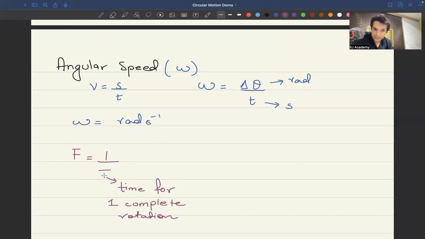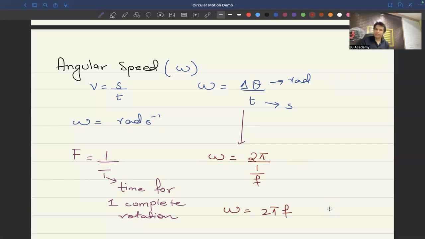In place of t, we can write, okay, so rearranging this formula, we can now write omega is equals to, now when we talk about one complete rotation, that is 360 degrees. In terms of radians, that will be taken as 2 pi, and time can be written as 1 upon f. Rearranging this, we can write omega is equals to 2 pi f. So that is what angular speed is.